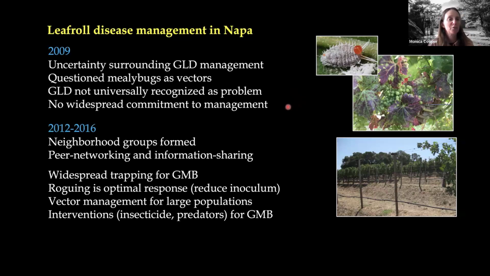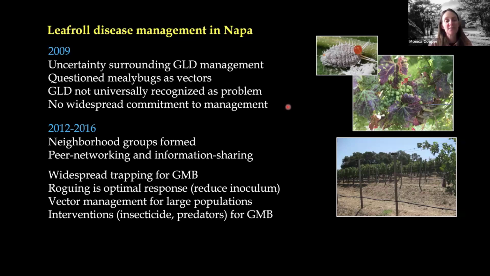And so what we did from 2012 to 2016 is that in addition to conducting these research trials, we were also working at the level of the entire county, and then we were also working individually or in neighborhood groups. So there was a lot of peer networking going on, a lot of information sharing.